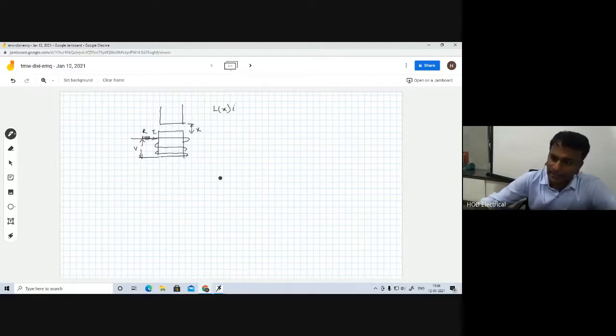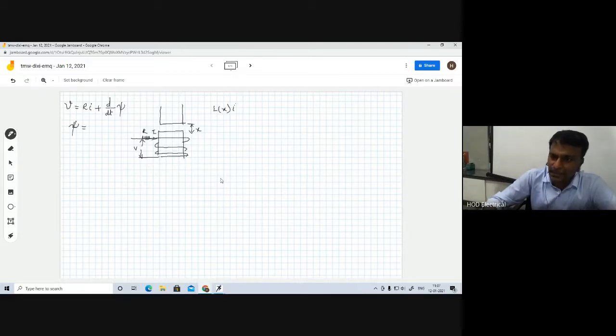When we write the voltage equation of this circuit, the input voltage is the resistance times the current flowing through the circuit, plus the rate of change of flux linkage, d by dt of psi. We already know there is an induced EMF due to the flux linkage.